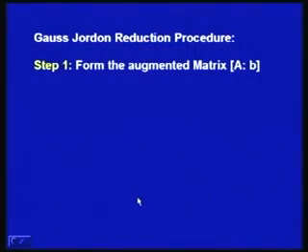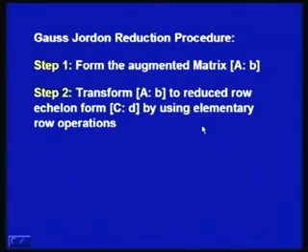Now, Gauss-Jordan reduction procedure is a slight variation from this, in the sense that the first step remains the same, that we have to form the augmented matrix. The step 2 is transform A B to reduced row echelon form by using elementary row transformation. That is the basic difference between the two methods, the Gauss-Jordan reduction procedure and the method which we have discussed just now.